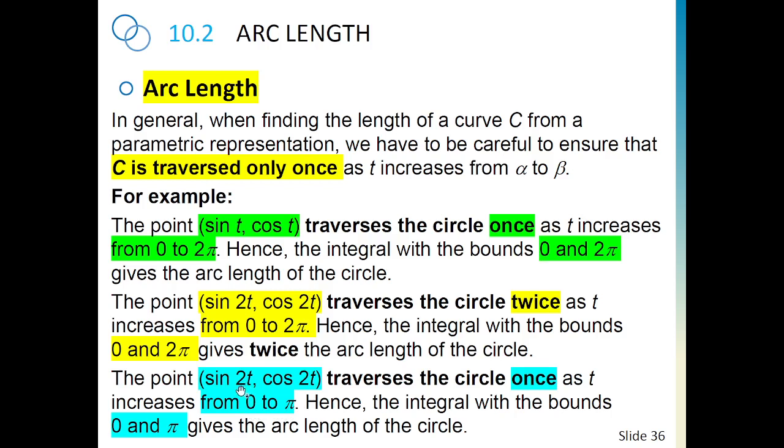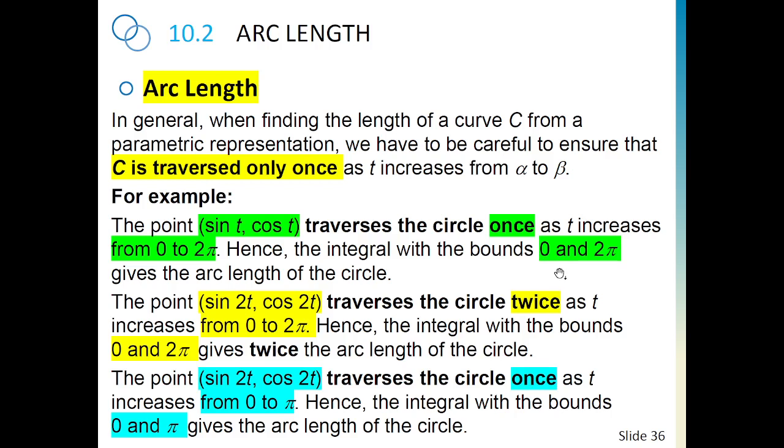Because we use the description of the circle sine 2t cosine 2t. So that's the idea here when we say the curve needs to be traversed only once. Pay attention to the formulas and make sure that the curve is traversed only once. So the bounds on the parameter here need to be such that they ensure that we traverse the curve only once.